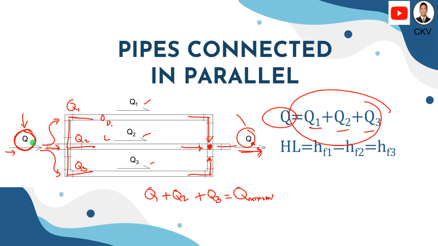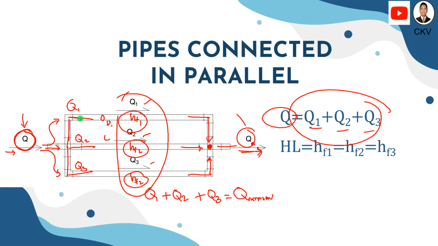Okay, for the head loss, unlike discharge where the discharge on the inflow is distributed, in the case of head loss, if we have parallel pipes, their head losses are equal. It means that the head loss at pipe number 1, pipe number 2, and pipe number 3 are equal, regardless of their diameter and length.